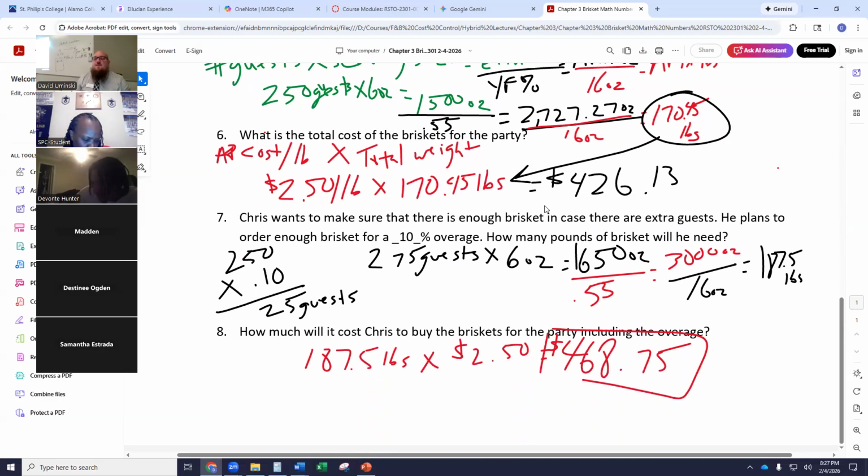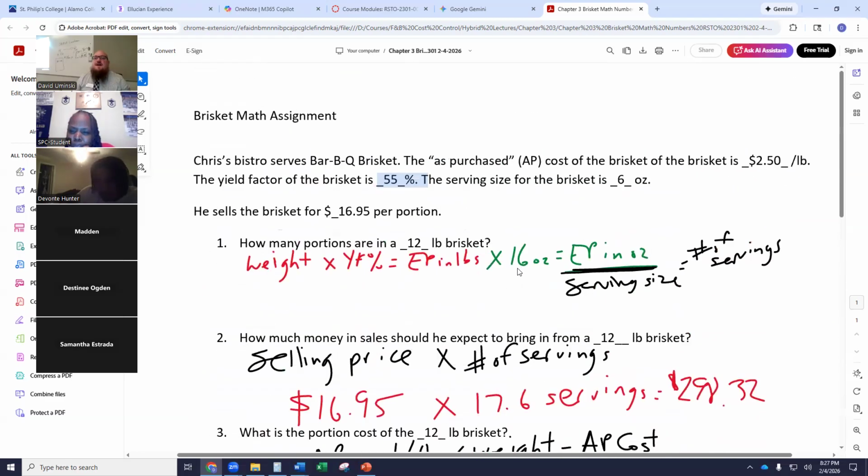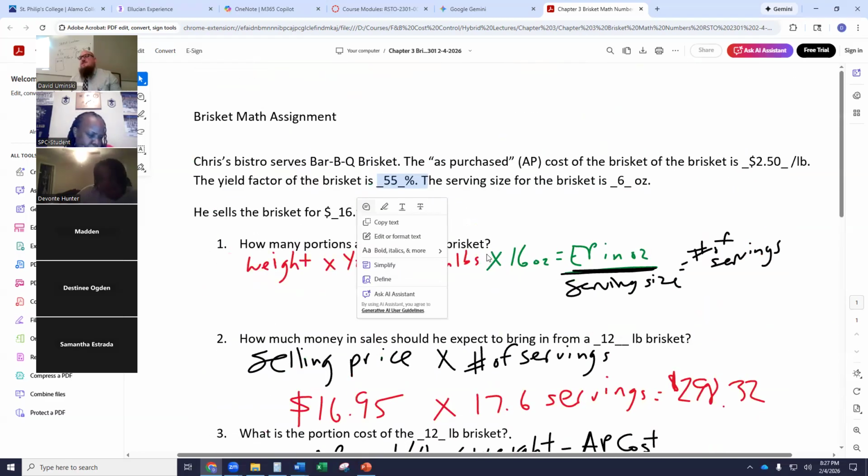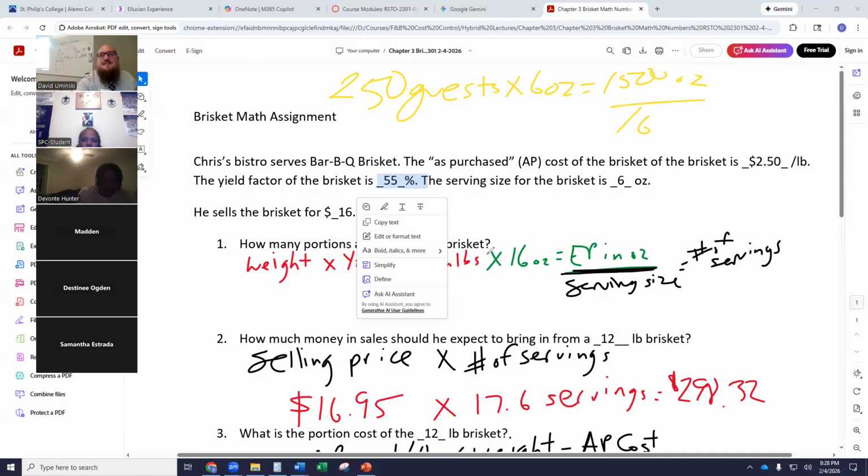Now let's pretend that you haven't taken Mr. Uminski's class and you don't understand the importance of the yield factor. Let me show you what would happen. 250 guests times 6 ounces is equal to 1,500 ounces. And you divide that by 16 ounces.